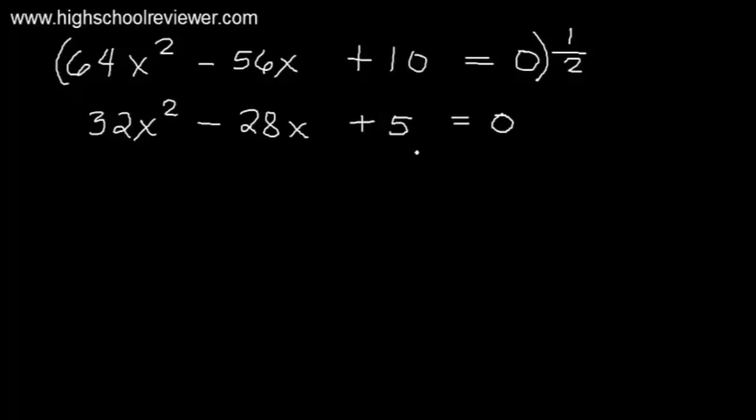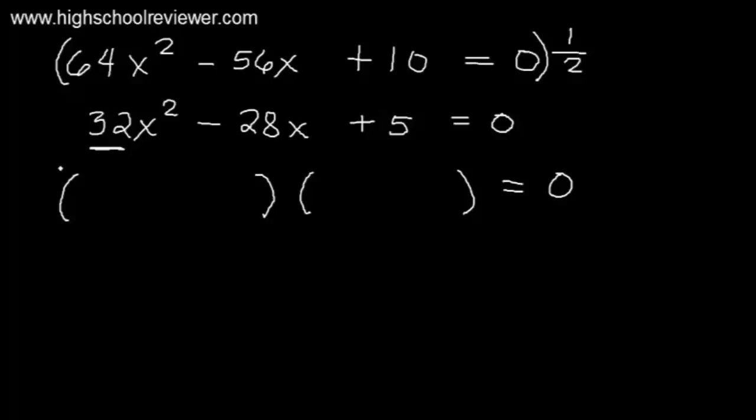Okay, so this is now our quadratic equation. Now, since we have a numerical value before x squared, we are going to factor out first the first term. Okay, so this will be equal to 0. Now, the factors. What will be the factors of 32x squared?